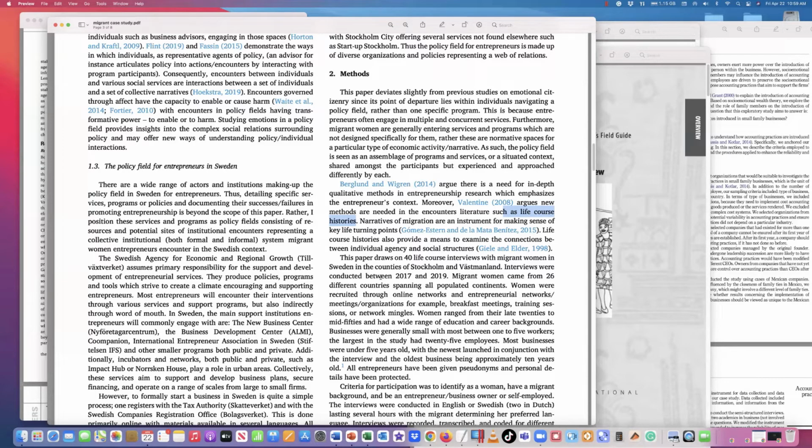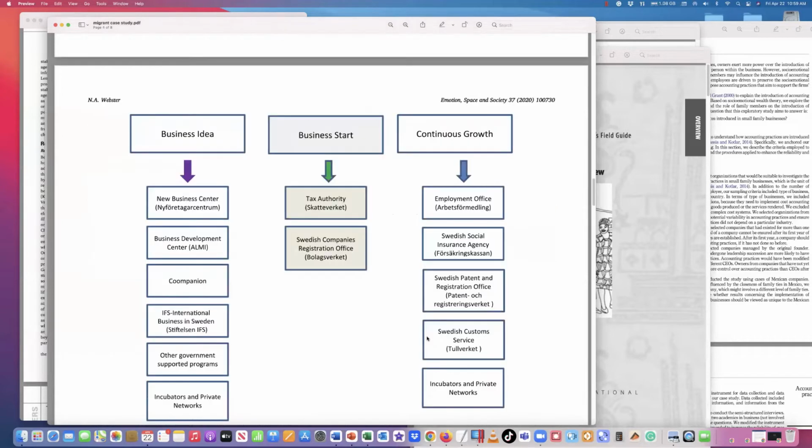They are now in Sweden, in Stockholm and Västmanland. Interviews were conducted between 2017 and 2019. Migrant women came from 26 different countries spanning all populated continents. They give us some information about the women and then how they selected the women. It's very good for you to understand how they selected.